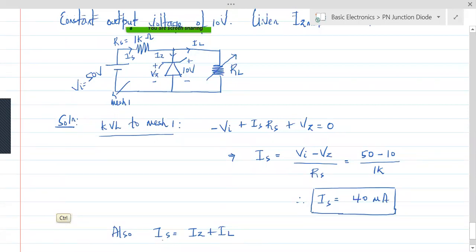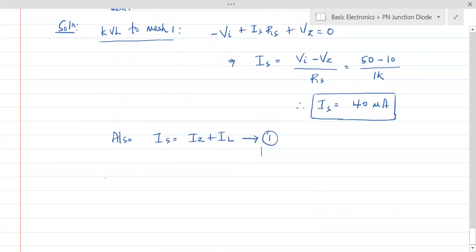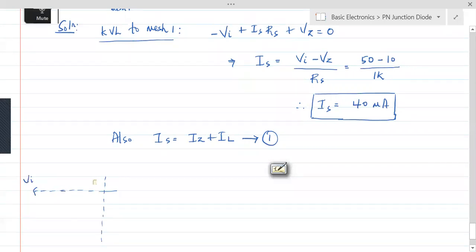Now everybody just understand this. Let us call this equation number 1. And since RL is asked, let's see the VI characteristics. Now this is VI. Till this Vi becomes equal to Vz, your Iz is 0. Once it reaches Vz, it comes into the breakdown region.